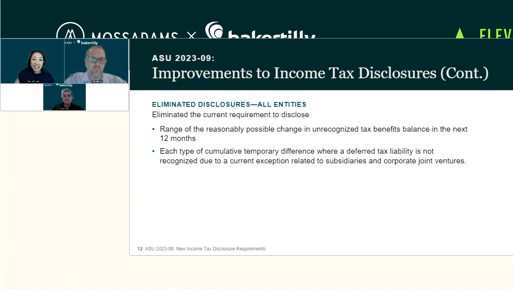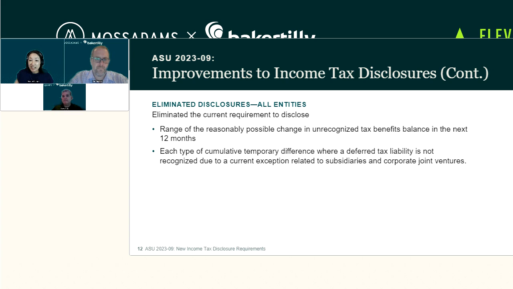The second item, although the new standard eliminated the disclosures related to the cumulative amount of temporary differences where no deferred tax liability is recognized due to the permanent reinvestment exception, entities will still need to disclose the description of the types of the temporary differences and the events that would cause the reversal to occur.